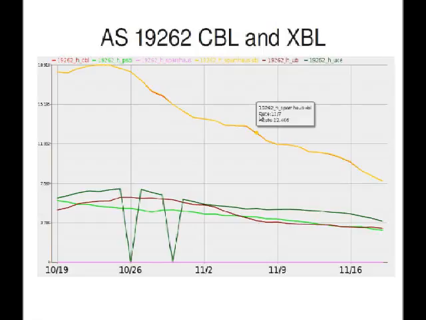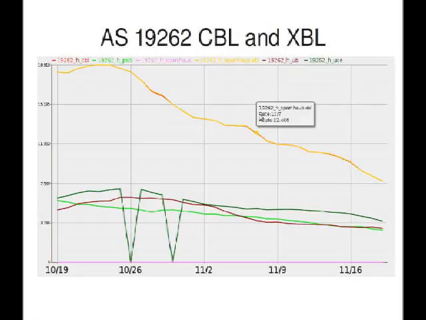Okay, here's some of our block list data. The x-axis is obviously time, 19th of October through 19th of November. The y-axis is numbers of hosts listed on a given block list, and this happens to be for the specific autonomous system number 19262.